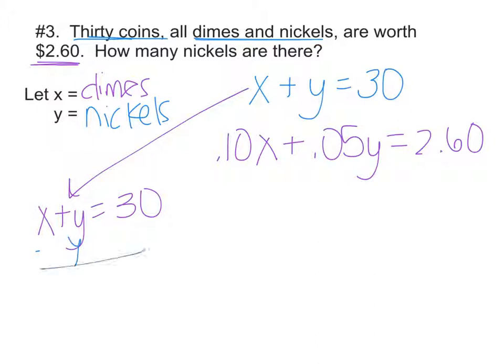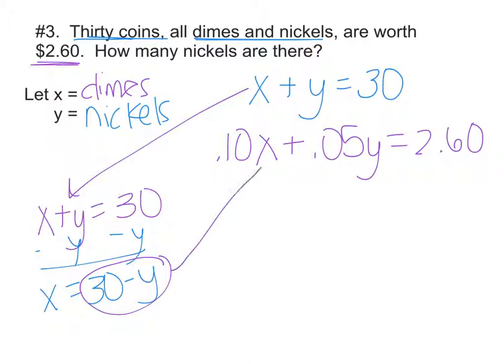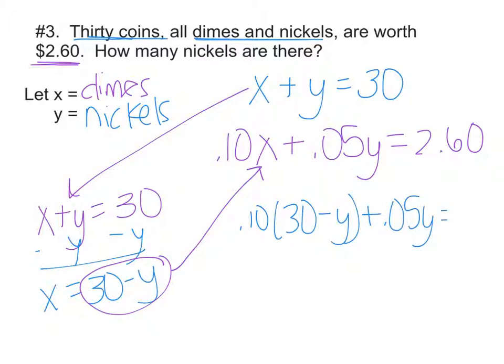So minus y. So x is equal to 30 minus y. Now that I got the x alone, I can take 30 minus y and substitute that back in for x. So now my equation is going to be 0.10 times 30 minus y plus our 0.05y equals our $2.60.